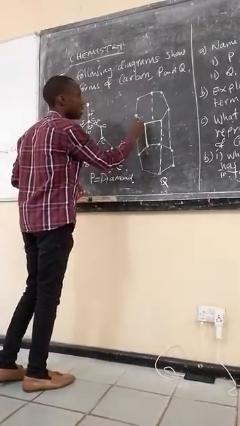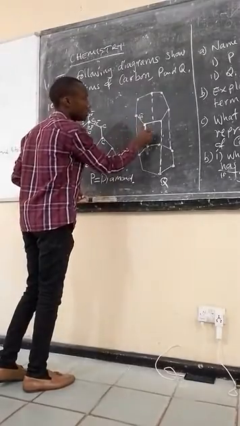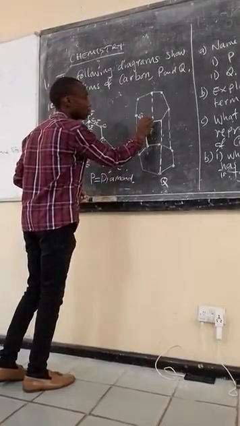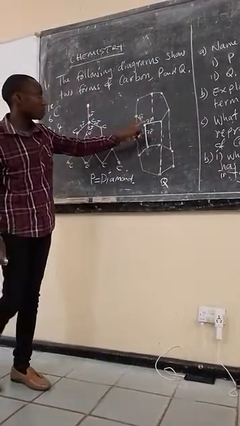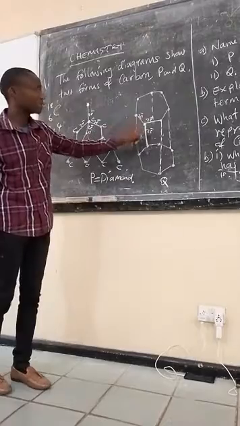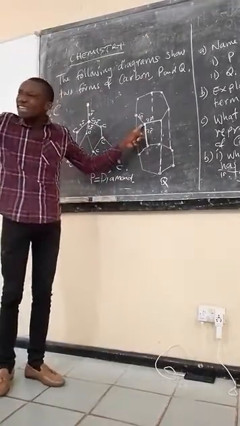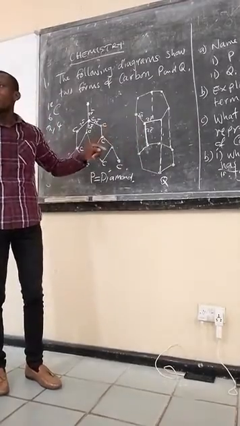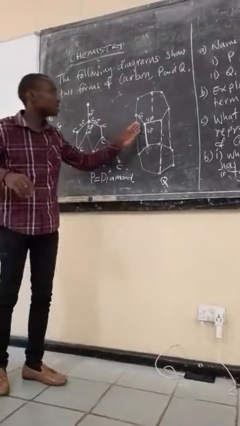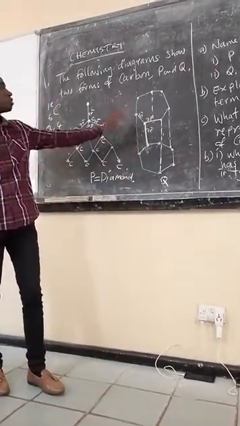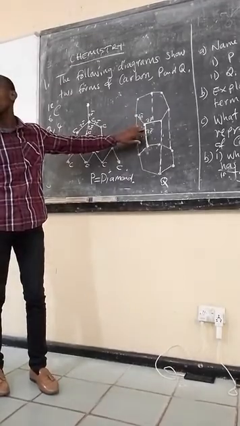So meaning here we have 2 electrons, and here also 2 electrons. Now when we count for this one, we have 2, 4, 6. So meaning that there is 1 electron which is missing, and also for this one there is 1 electron missing. So it consists of some free electrons which do not take part in bonding when it comes to graphite.